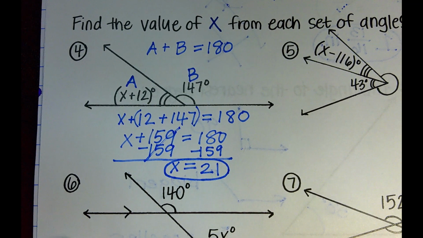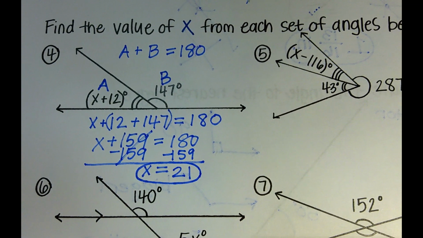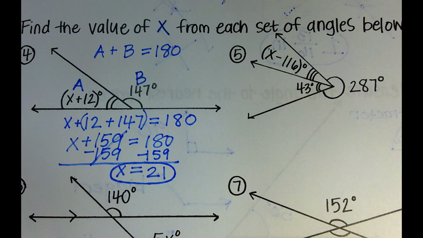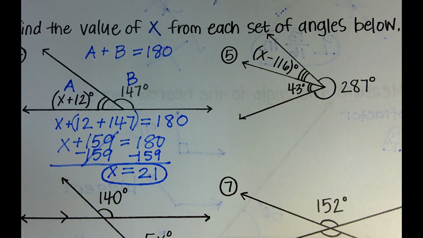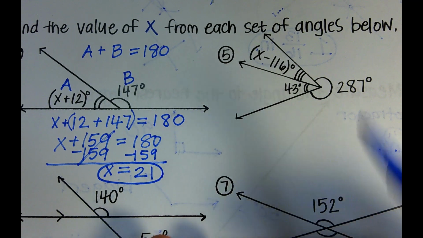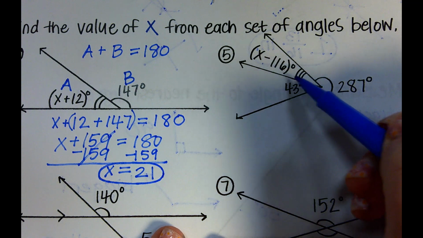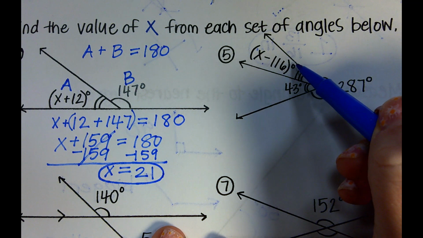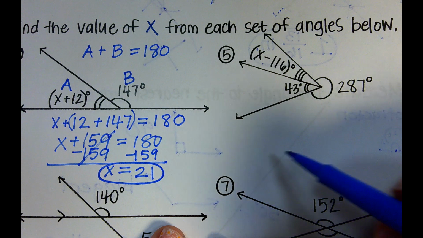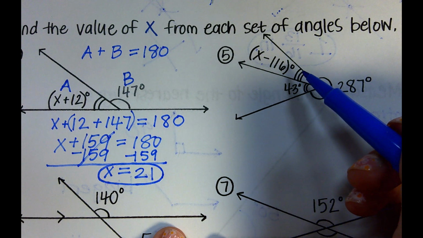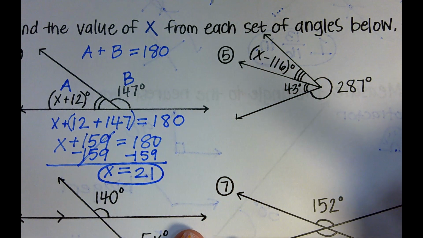All right, let's look at number 5. This one's pretty crazy looking. But all that it is, is angles around a point. And when you have angles that go from the starting point all the way around and they complete a full rotation, 360.